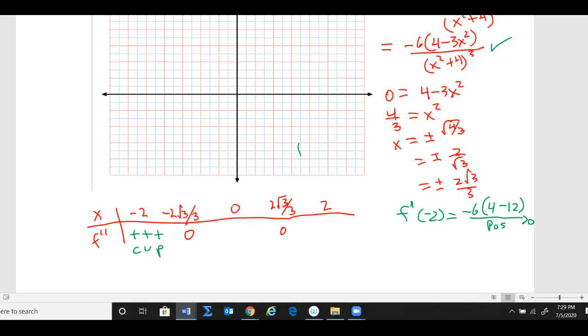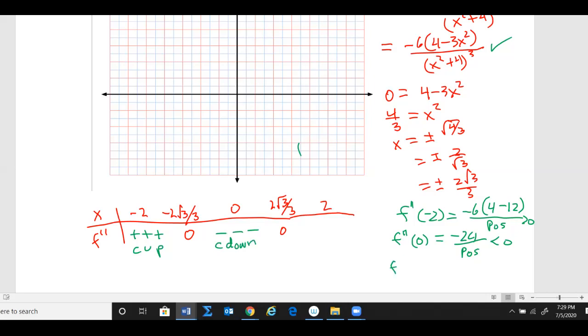And when it's 0, f double prime of 0 is negative, because it's negative 24 over something positive. It's actually 4 to the third, but it is definitely negative. So now we've got negative in here, which means concave down.